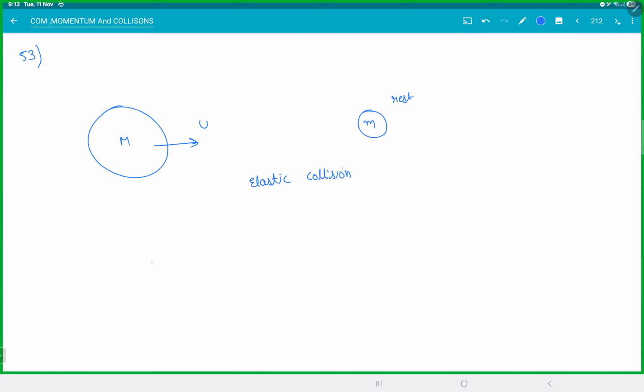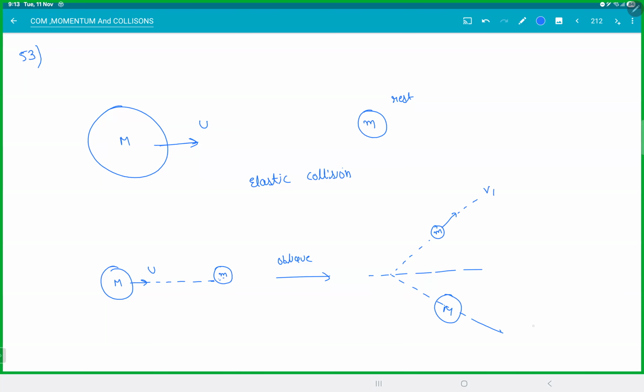Right. So just to show you the picture. So after collision, what happens? This ball will fly away. So let's say this is M, this is u. It is coming and hitting this ball, something like this. It's an oblique collision. So after collision, your big ball started going away in this direction, and your small ball is going in some direction like this.